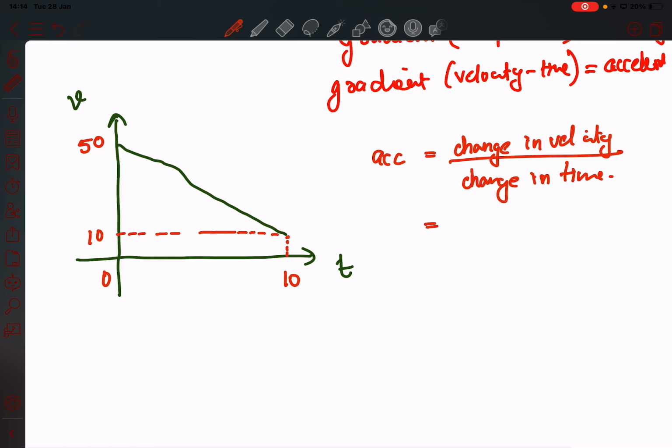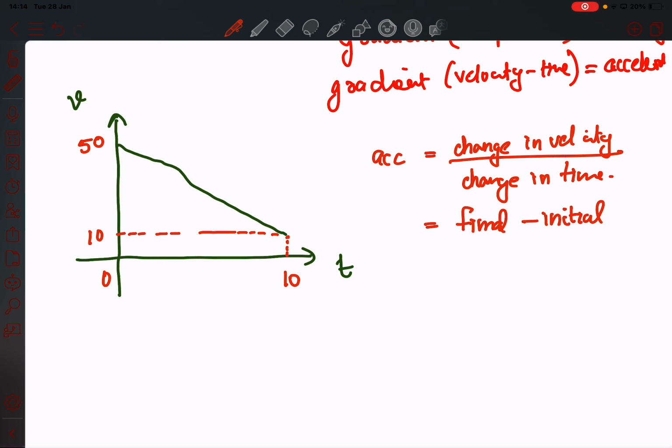Your change in velocity is, should I do 50 minus 10 or should I do 10 minus 50? How many of you think 10 minus 50? You can raise your hand. And how many of you think it's 50 minus 10? Now, whenever you do a change in anything, if you remember in science, it's always the final thing minus the initial thing.